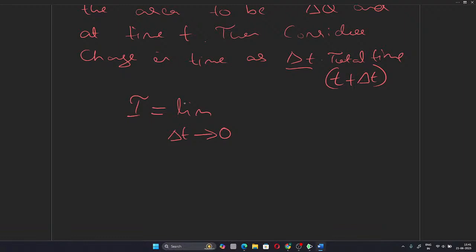For unsteady flow of charges where the charge is varying, we define current as delta Q by delta t.